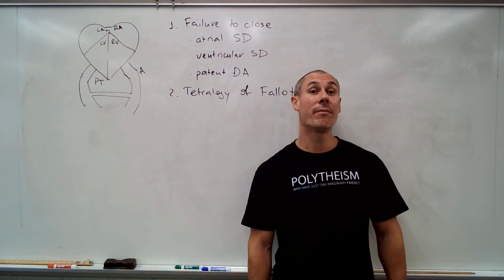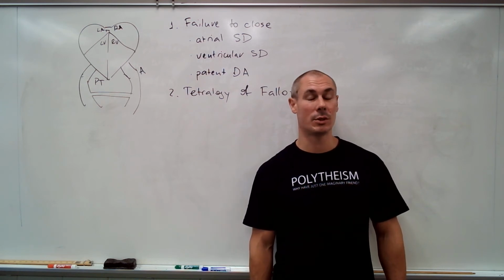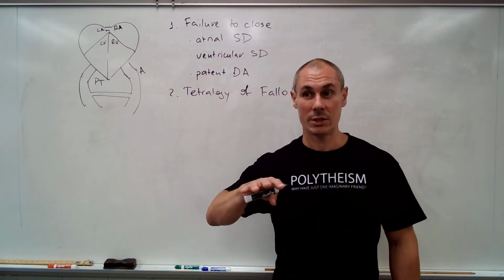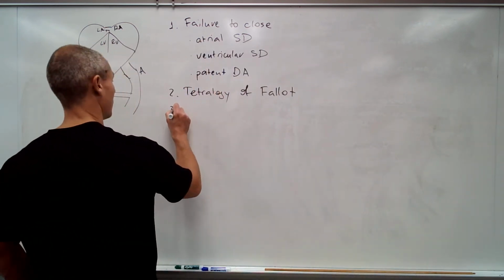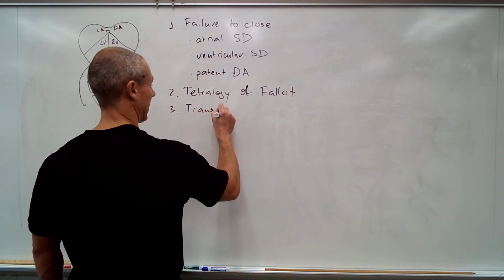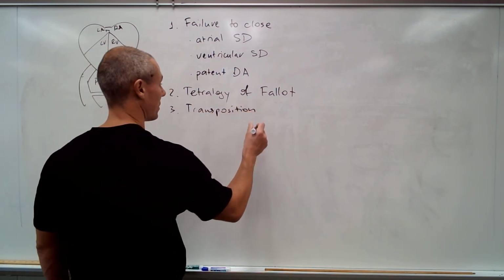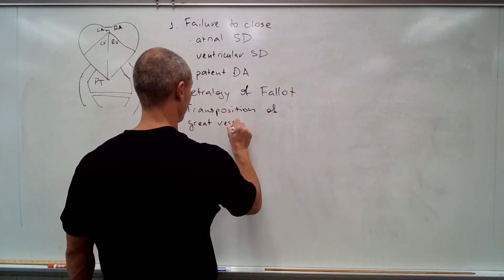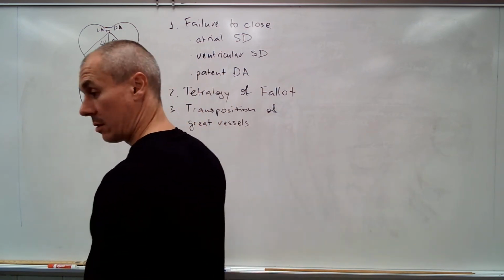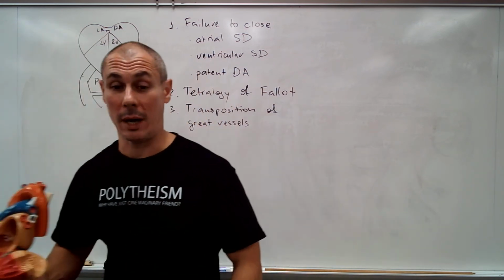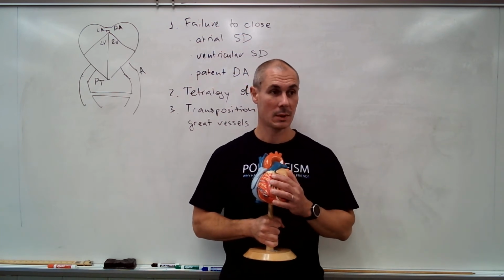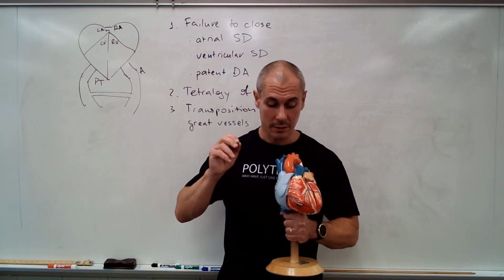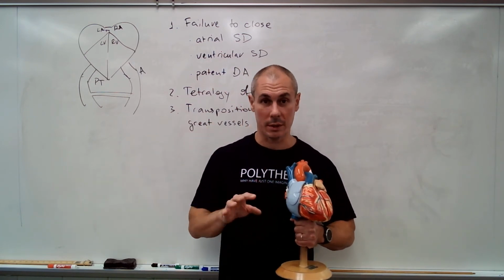My absolute favorite pathology, which is anatomically just stellar, and I have an image of it in the lecture notes, is transposition of great arteries, or great vessels. Just look at it, it's great. Look at this model. It is mind-boggling. So let's say we look at blood flow through the heart.